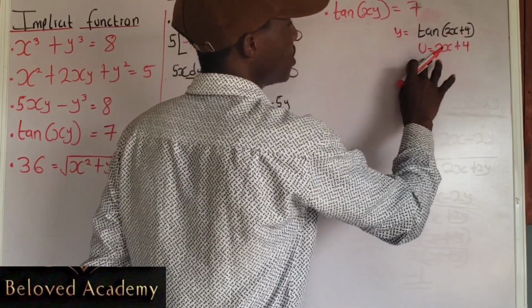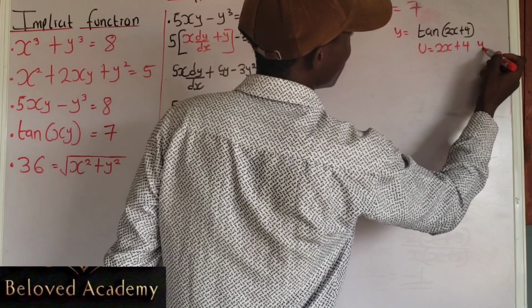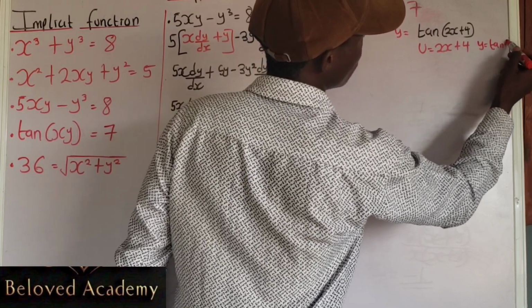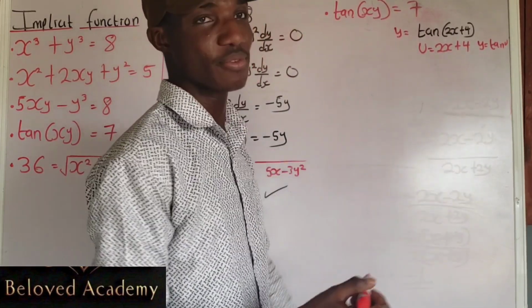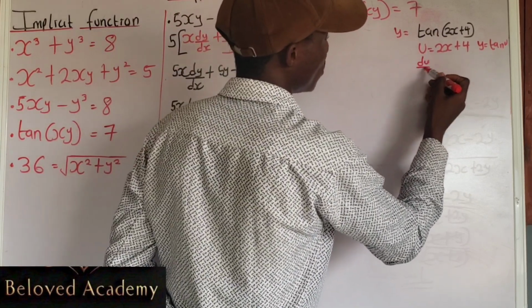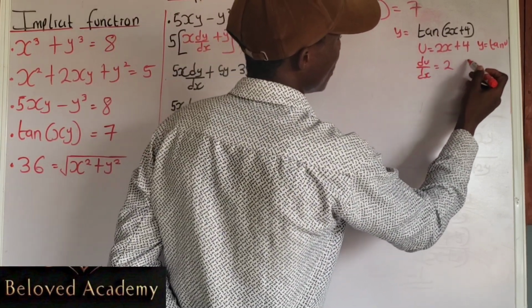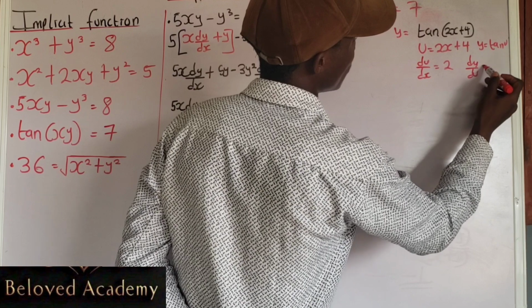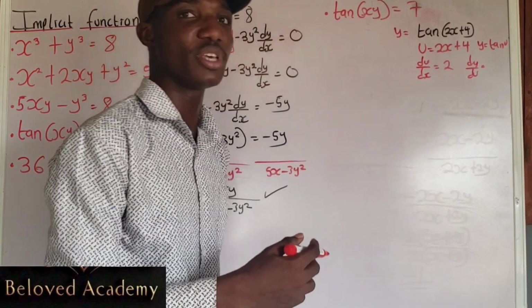If I set u equals 2x plus 4, that means y will be equal to tan u, because I have set u equal to the inner function. Now, differentiate u, we're going to have du/dx equals 2, and dy/du equals the derivative of tan u, which gives us sec squared u.